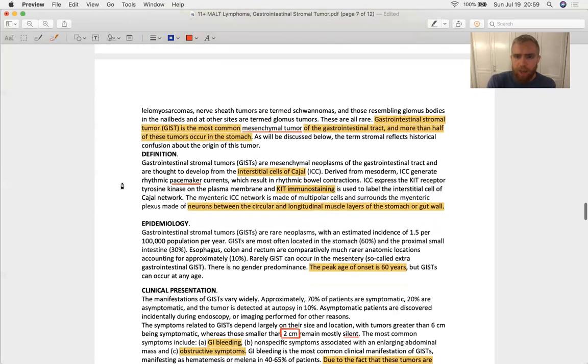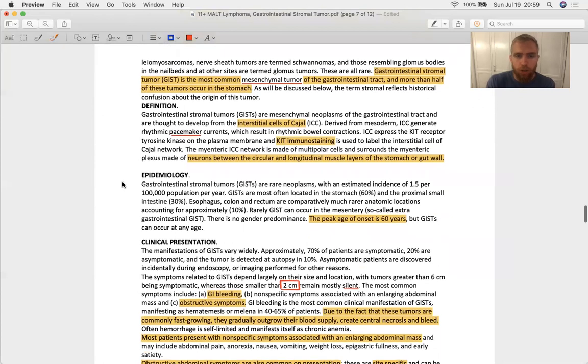But what a gastrointestinal stromal tumor, or a GIST, refers to is a tumor originating, we think, from interstitial cells of Cajal, which are the pacemaker cells of the enteric nervous system and regulate bowel contractions. Now, they express this KIT receptor, so we can immunostain for KIT, and that's where our c-KIT staining comes from.